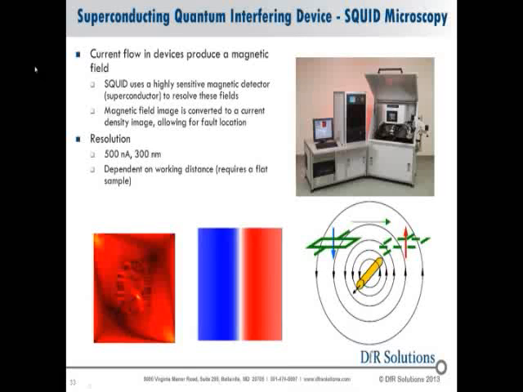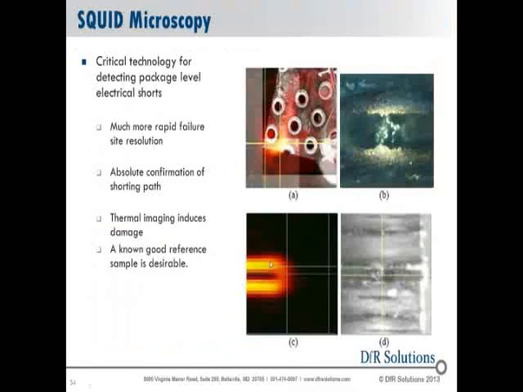And so it allows you to see if current is moving in the directions you want. And this is very useful where the currents are so low that they don't generate enough heat to be picked up by the infrared imaging.